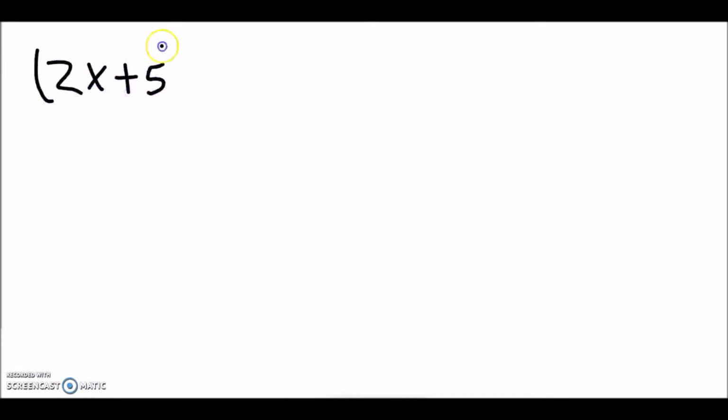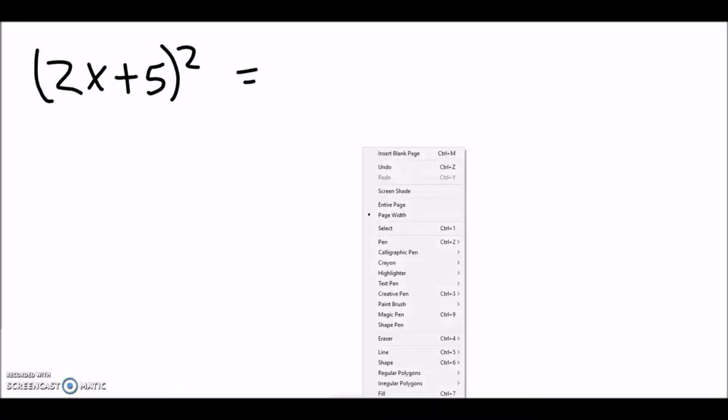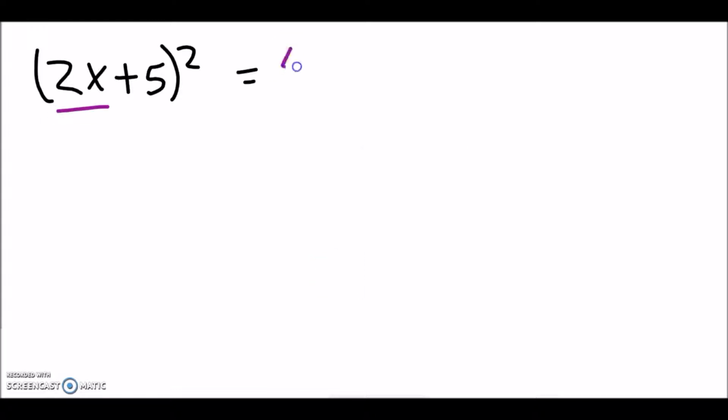2x plus 5 squared. All right, so let's go ahead and just do purely like the shortcut or the special case. So we're going to take 2x and square it. That's 4x squared. We'll take 5 and square it and put 25 at the end.